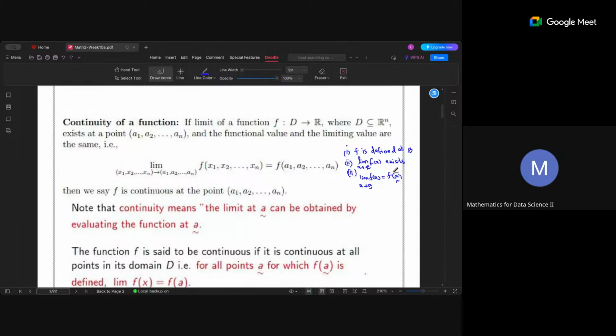If a function is continuous at a point, then the limit at a can be obtained by evaluating the function at a.